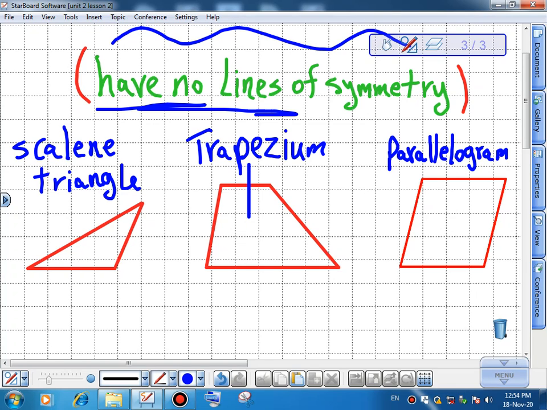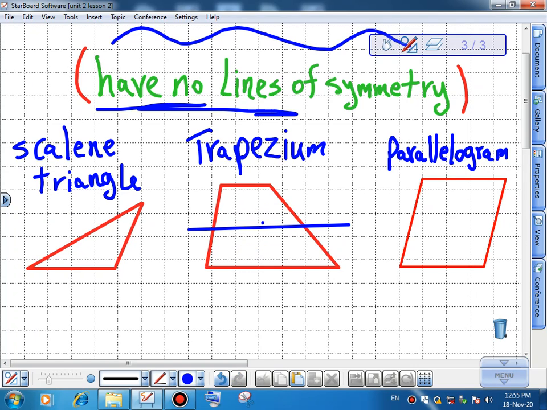if I cut like this, this line is not a line of symmetry, because as we see, this part is not the same as this part. Let me try another one. If I cut this trapezium like this, this part is not similar to this.